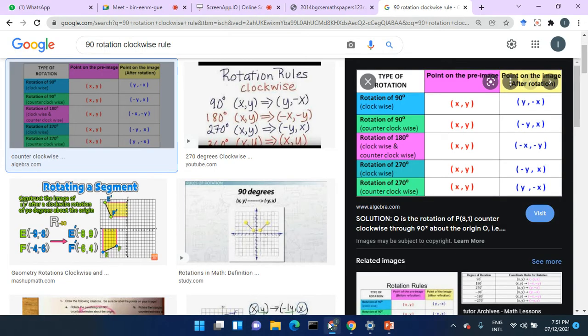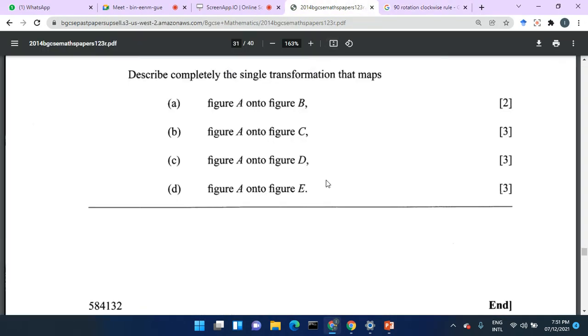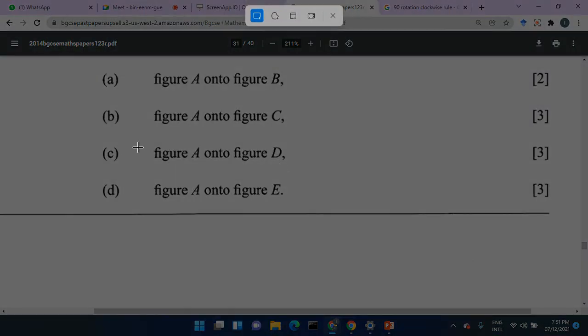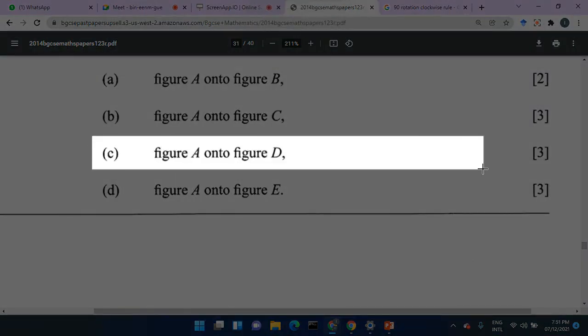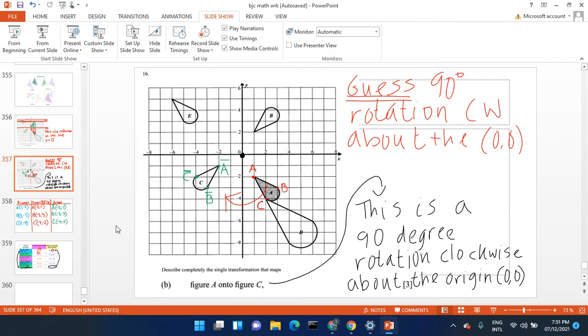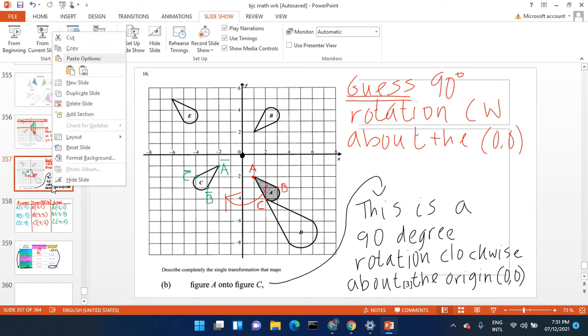Next up, so we go back here. Figure A to D. I wonder if you have enough time for this. We have to go on to health science, but let's see if we have enough time.